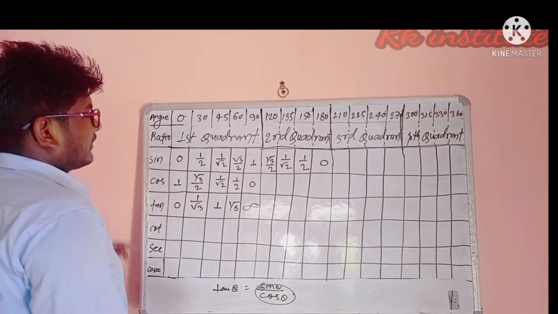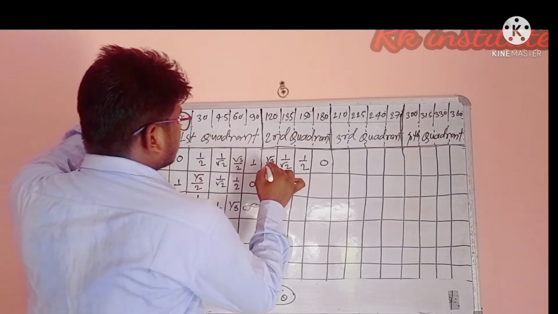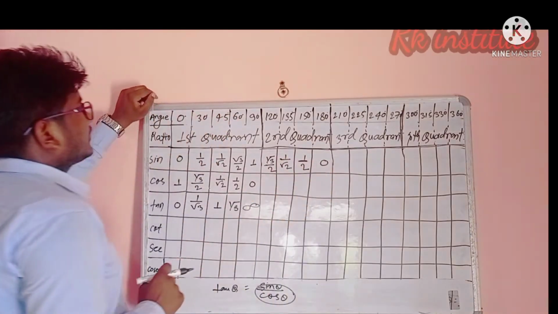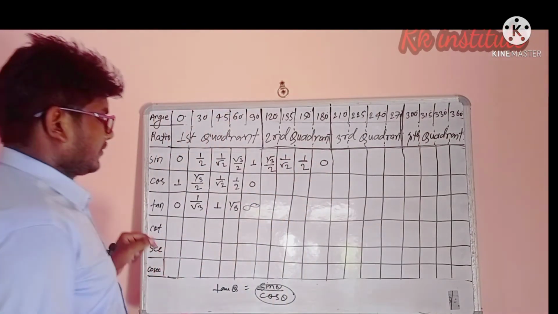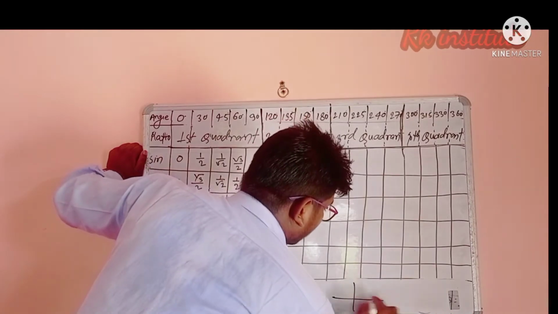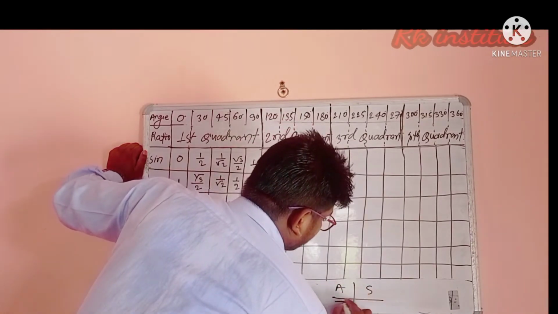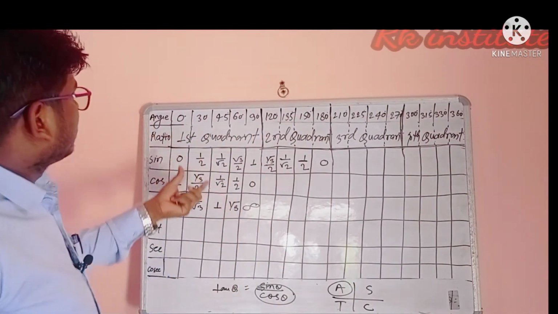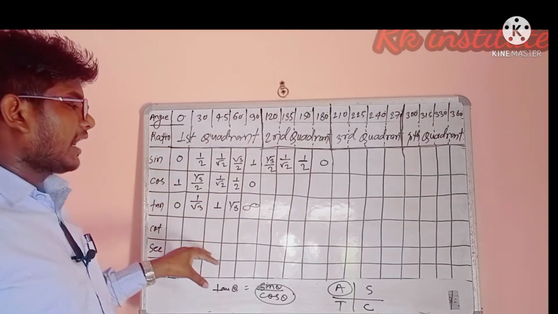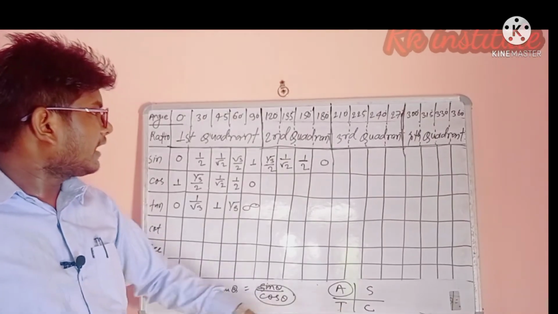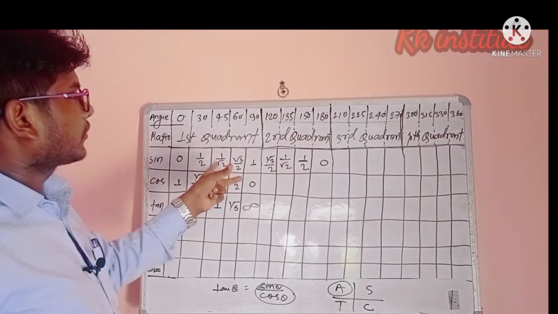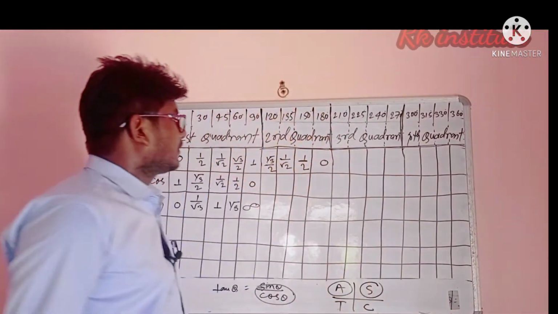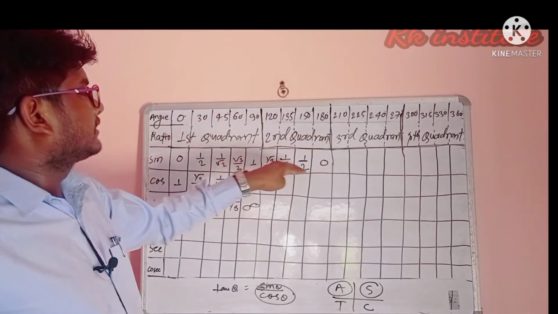Here we follow A S T C. In the first quadrant all ratios are positive, and in the second quadrant sine is positive, so there is no change in the values.